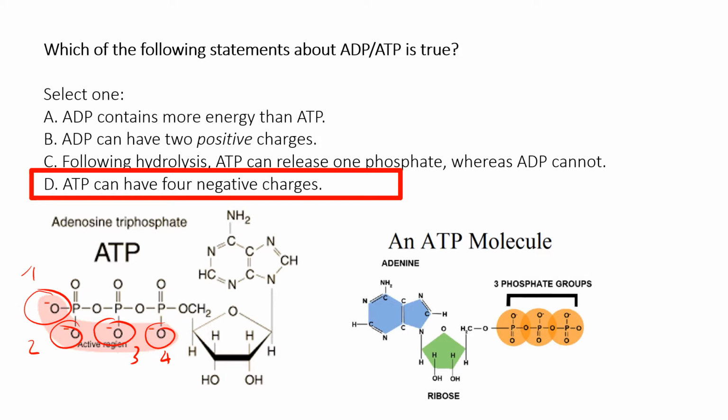And for the ADP, if you remove this one, well, let me just color it again. Now this one will be free, so you will have 1, 2, and 3. So this is wrong. So the only possible answer that is correct is D.